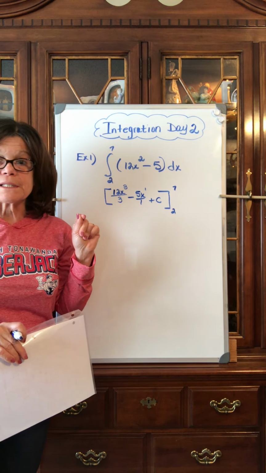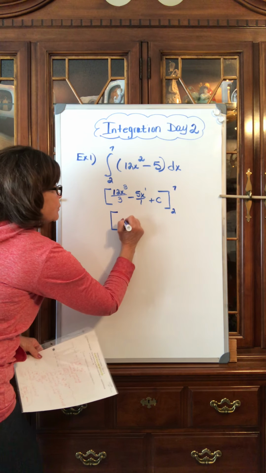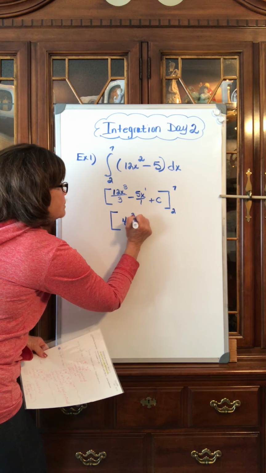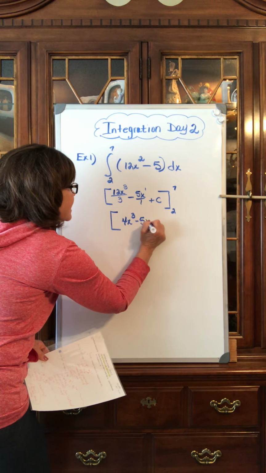Now you're going to plug the top number into this, then plug the bottom number into this, and subtract those, and that will give you the area between this parabola, the x-axis, and x values of 2 and 7. So first, I'm going to clean this up. This will be 4x cubed minus 5x plus c, and I'm integrating this between x values of 2 and 7.